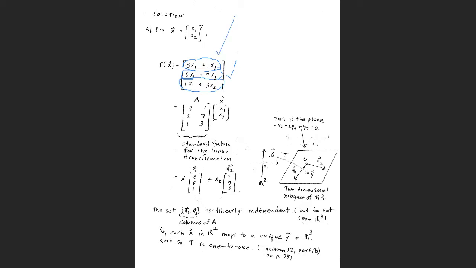Now, we want to determine what the matrix A is that's doing this. This is the matrix A, called your standard matrix for the linear transformation. But you can't figure out that matrix A until you rewrite the transformation this way here, and then this way.